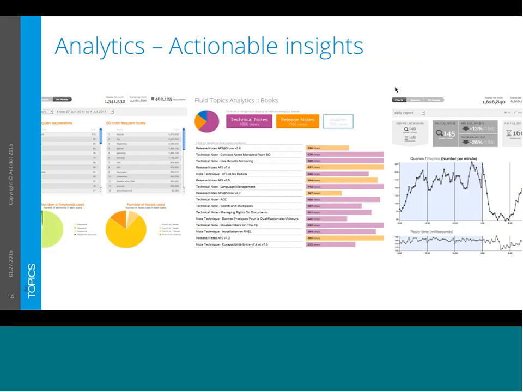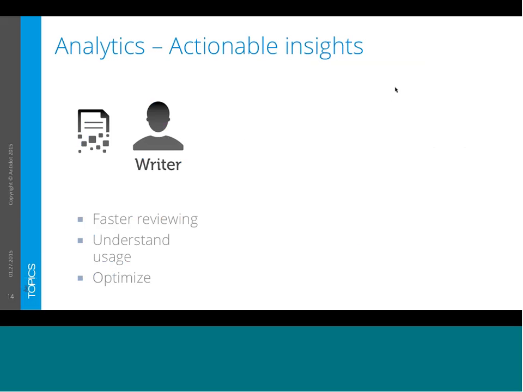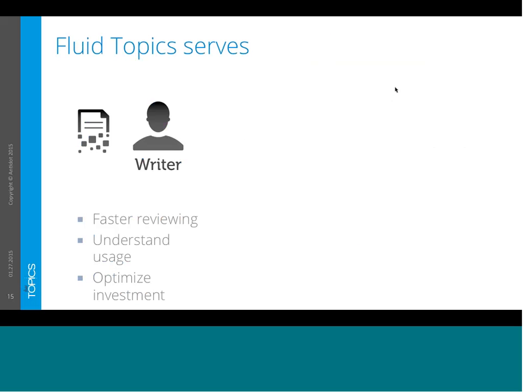And we also provide analytics because we track everything that is searched, that is read by every user, and we provide multiple dashboards per user, per content, per subject, and so on. So Fluid Topics is designed to serve many different types of stakeholders. For example, technical writers and knowledge workers, because they can immediately publish what they write, no more long batch processing, and every version of the content is available, not only the last one.